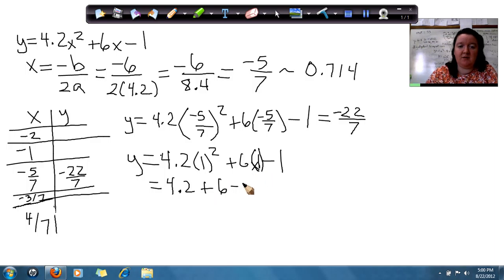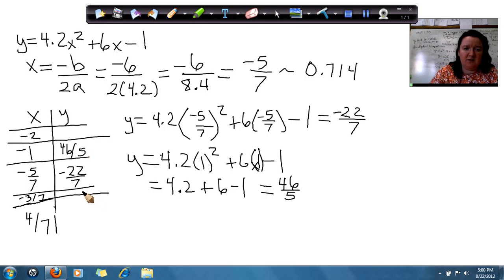Plus 6 minus 1. So if I use my calculator, 4.2 plus 6 minus 1, it's going to give us 46 over 5. So we know that the value here is 46 over 5. And the value here is 46 over 5.